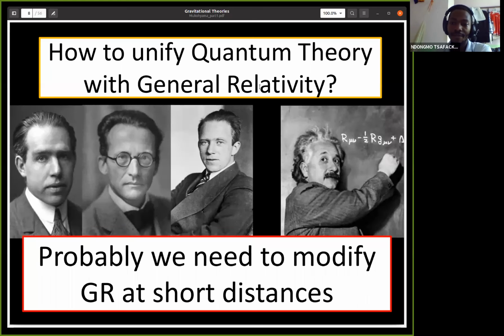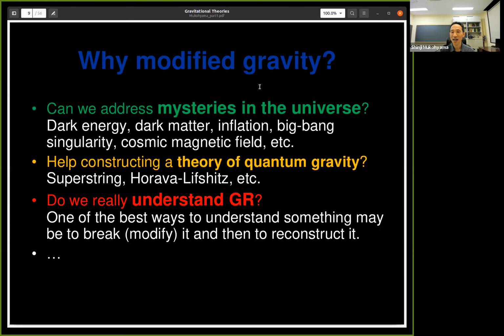So at least I think we don't need to modify quantum theory and quantum mechanics. On the other hand, if we assume this, then I think we need to modify general relativity, at least at short distance. And there are also other motivations to modify general relativity, not only at short distance, but also at long distance.